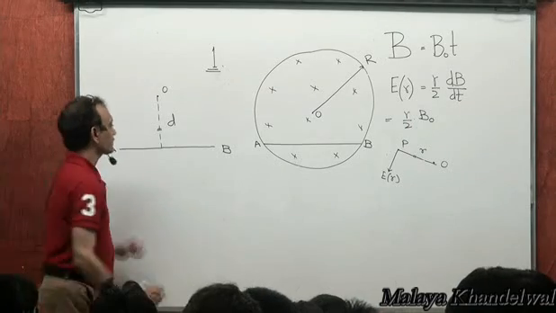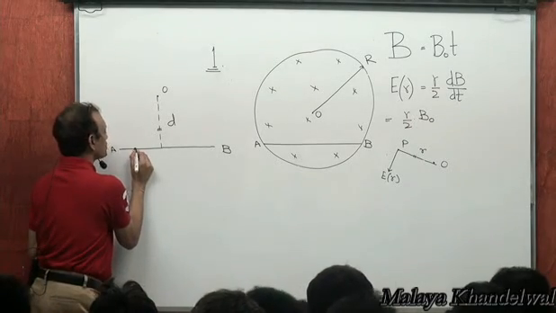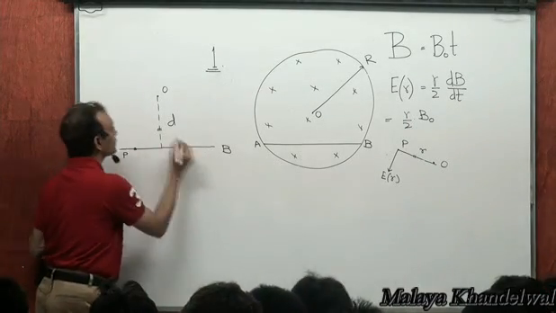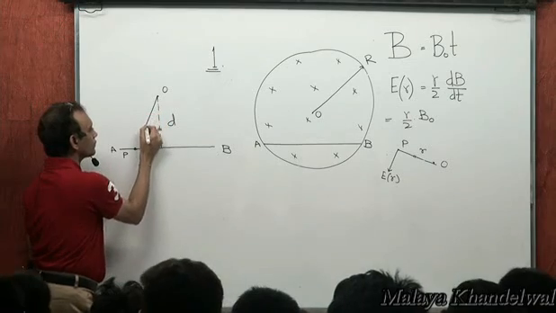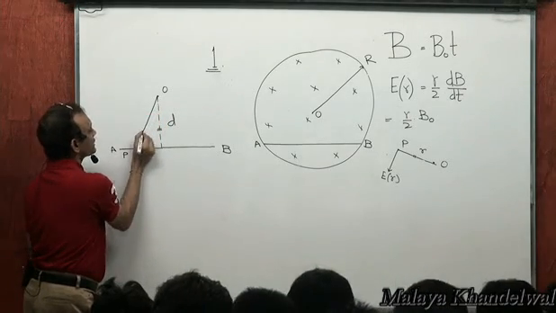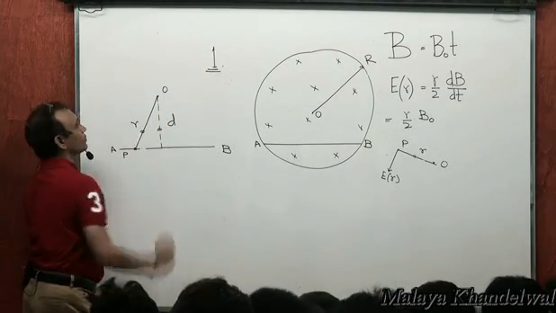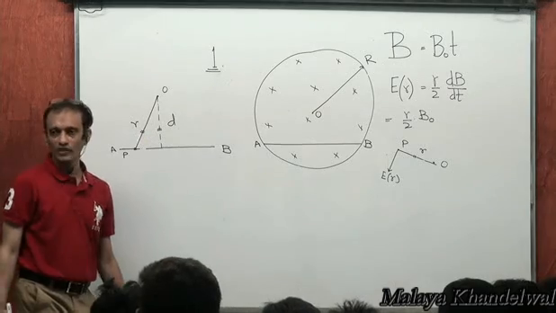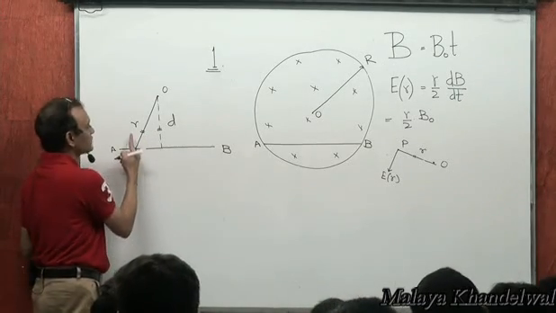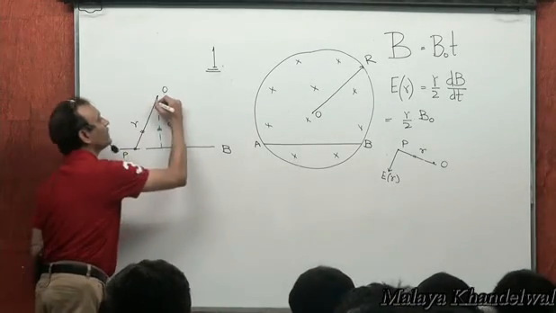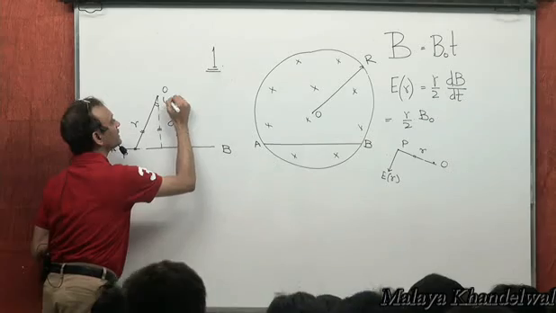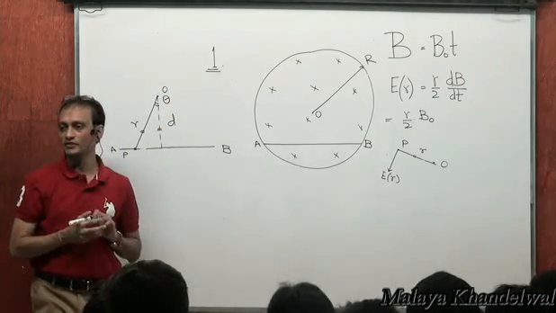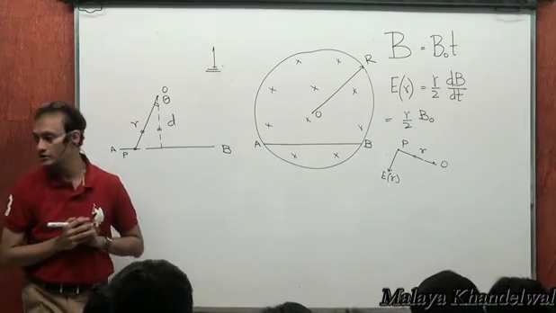Now if I look at a point P of the rod, which is at a distance small r from O, different P's will have different values of small r and different values of theta.